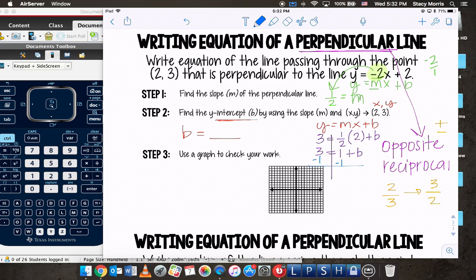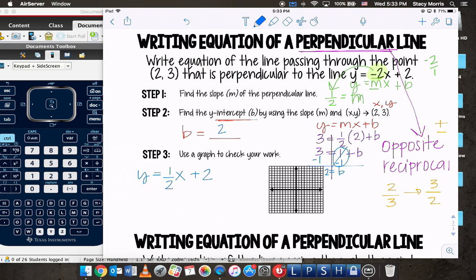So 3 minus 1 is going to be 2 equals, these are a 0 pair, so they cancel, b. So b equals 2. So our equation now, using our m of 1/2 and our b of 2 that we just solved for, is going to be y equals 1/2 x plus 2.